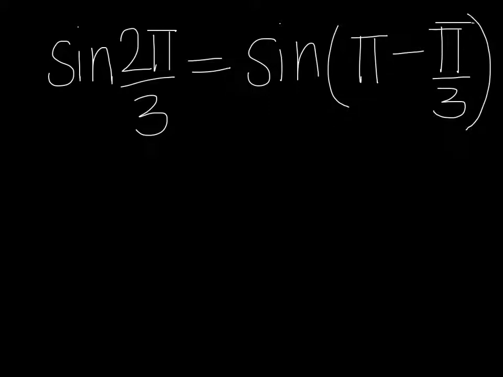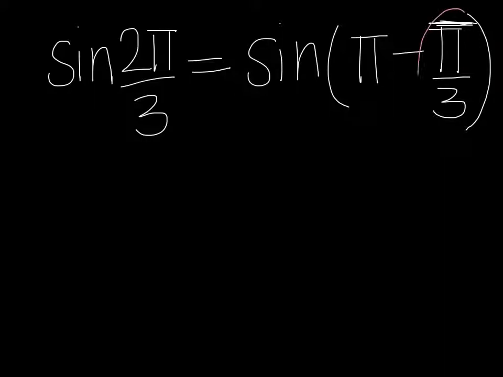Now this is what we're working out. We're working out how does it differ from the x-axis, and this gives us the equivalent angle as it would be in quadrant 1.